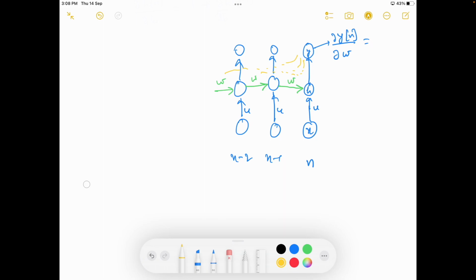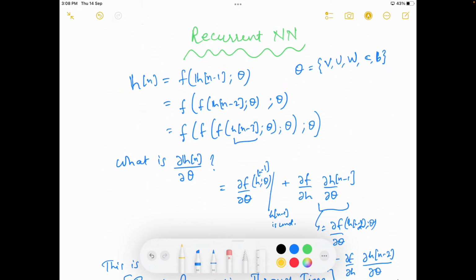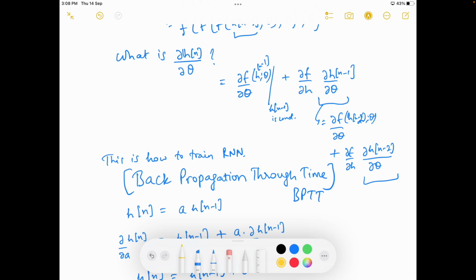Okay, now assuming my del f upon del h is a number, let's say 0.5, then if you actually keep expanding it, it is 0.5, then this thing will multiply here again, so 0.5 squared, 0.5 cubed, 0.5 to the power 4, so it is exponentially decaying, right?